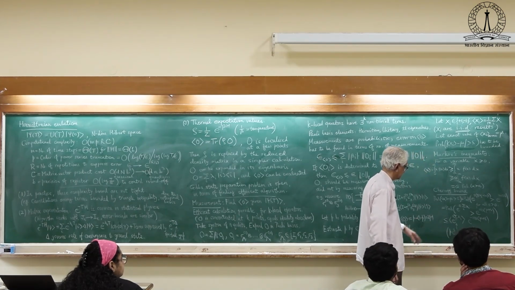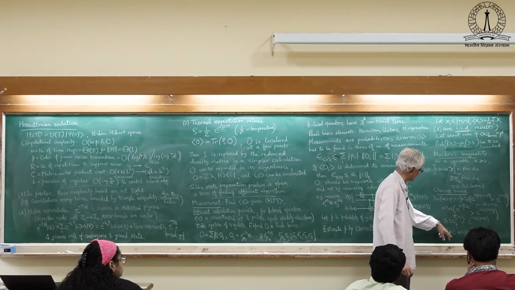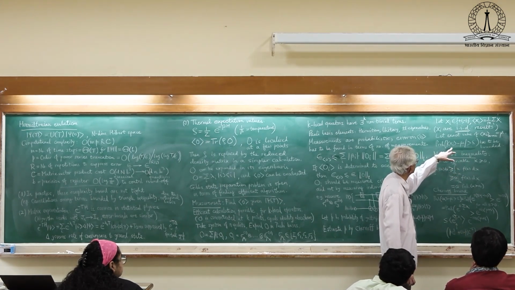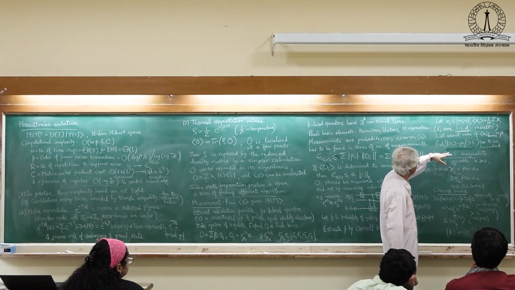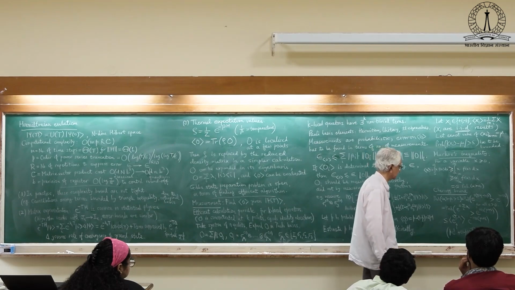So there are two things here. We could explicitly write it in terms of p and 1 minus p, which is what we want because it is related to the accuracy of the observable.